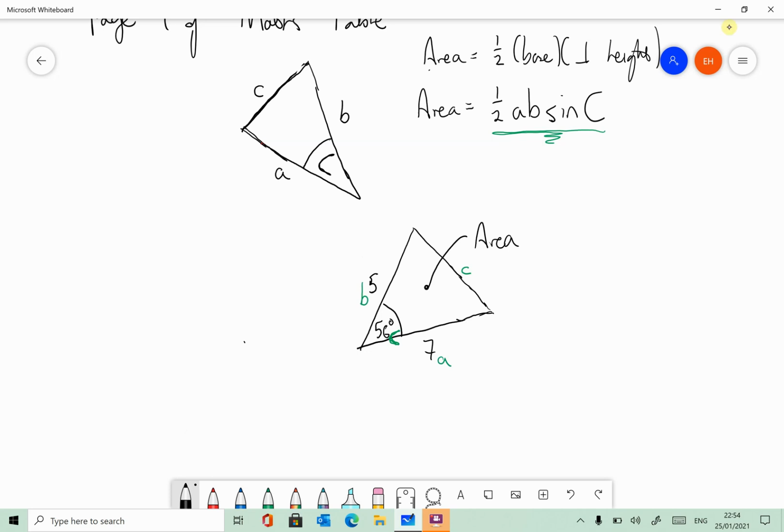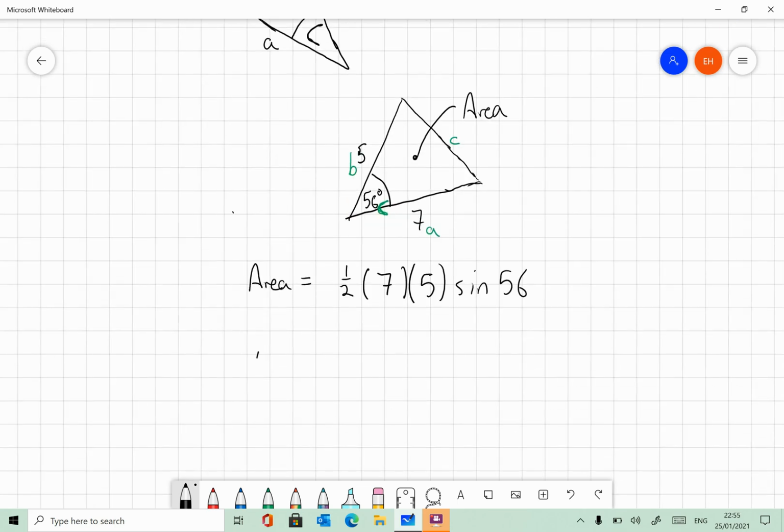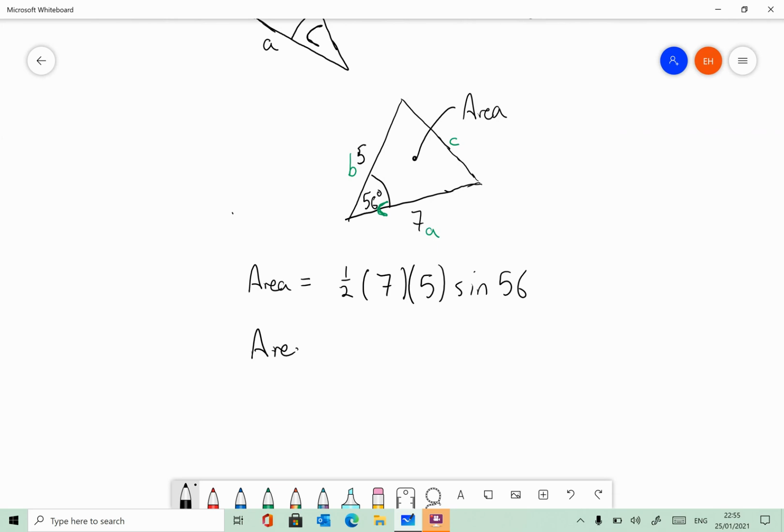So the area equals a half, using this formula from up here, a half of A, which is 7, times B, which is 5, times the sine of C, which is sine 56. So the area equals, into my calculator, 1 over 2 multiplied by 7 multiplied by 5 multiplied by sine of 56 equals.